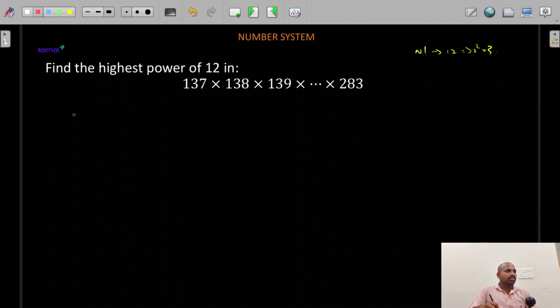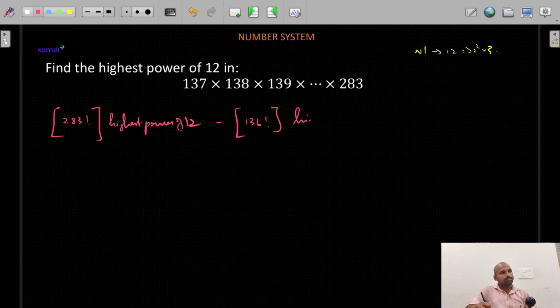So what we are going to do is, first find the highest power of 12 in 283 factorial. With this, if I subtract the highest power of 12 in 136 factorial, I will get the highest power of 12 for these numbers in this question.